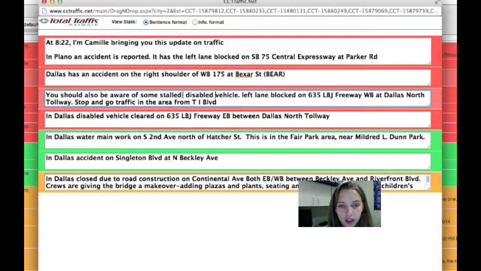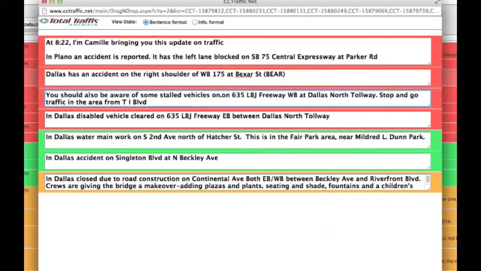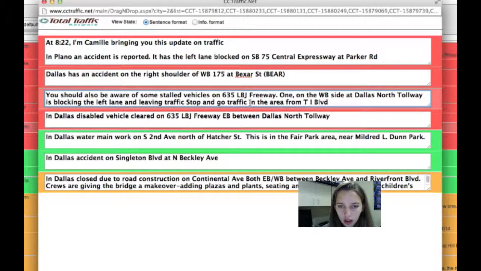Stalled and disabled vehicle are the same thing, so it's good to replace with words every once in a while. Your stop and go traffic in the area is common, so it's good to change that up, and remember it's not a complete sentence, so it always needs to be changed somehow.